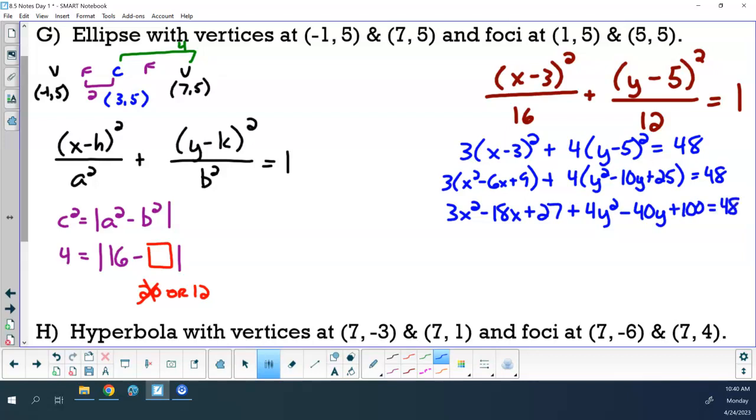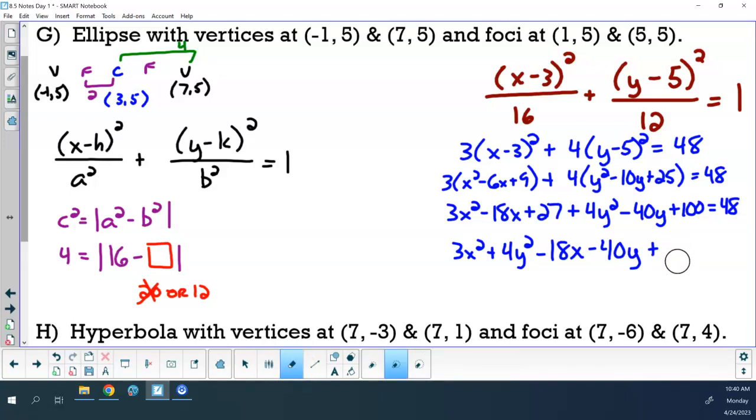And then we would have 3x squared plus 4y squared is 18x plus 40y minus 127, so that's 21. So that's going to be what? Plus 89? No, 79. Oh, 80. Well, that's 79. Can't do math. 21. So that would be that one.